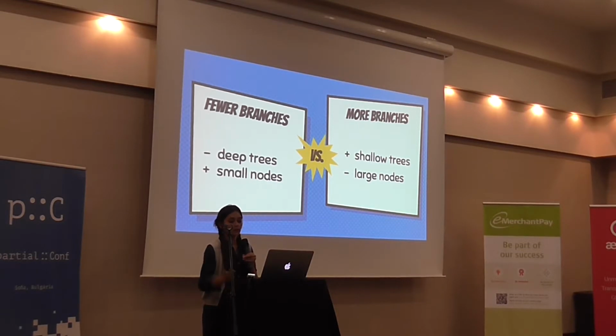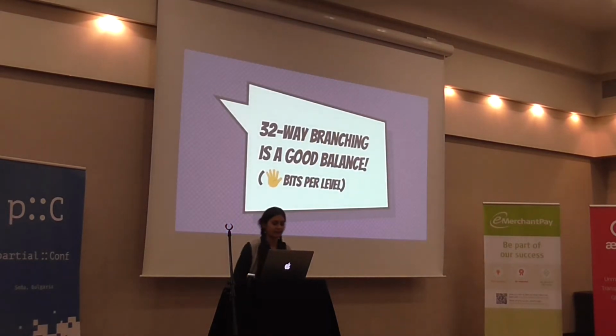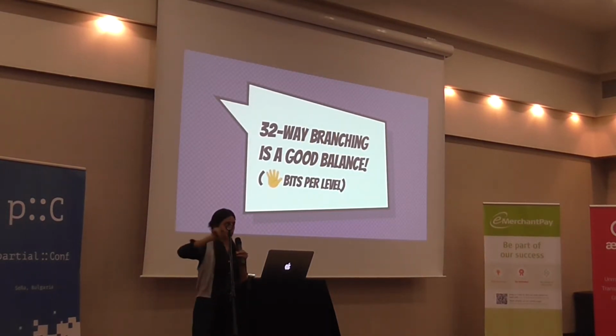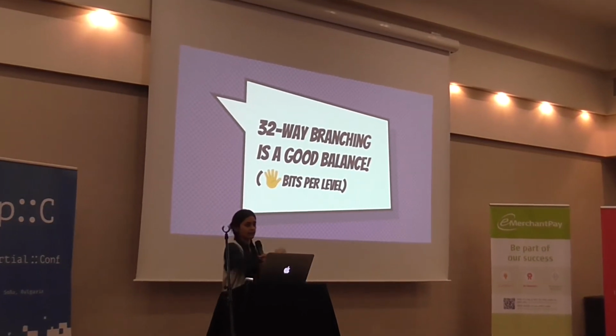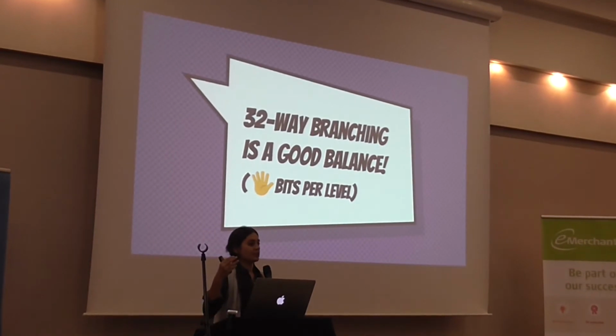So folks have done some studies on this, research about what ends up being a good trade-off in practice. It will depend on your application, but generally, the best balance seems to be 32-way branching. So 32 slots in each node, aka representing 5 bits of information at each level of the tree.